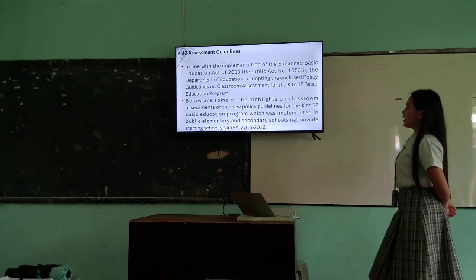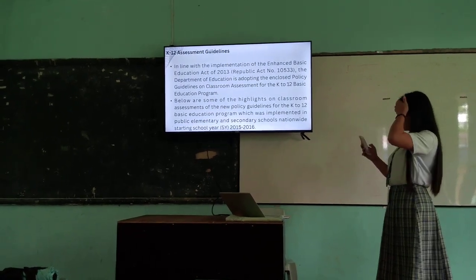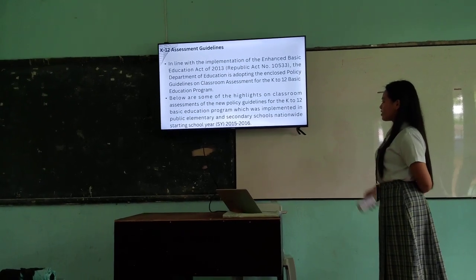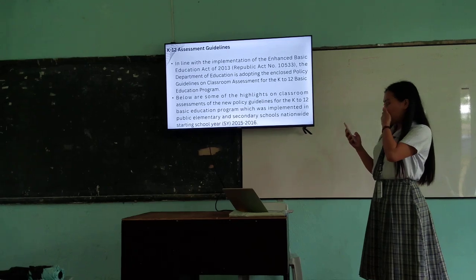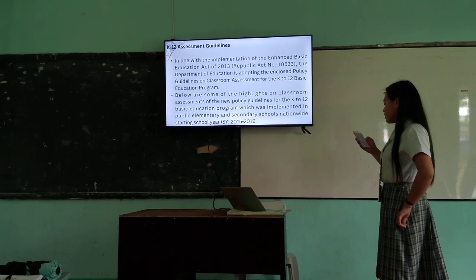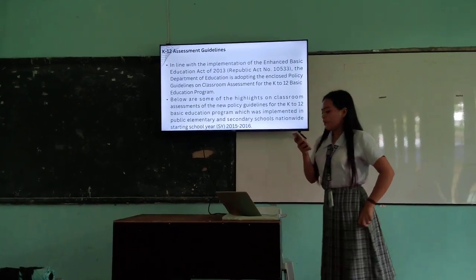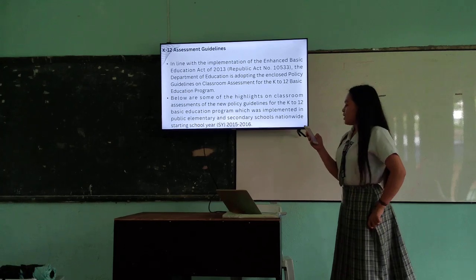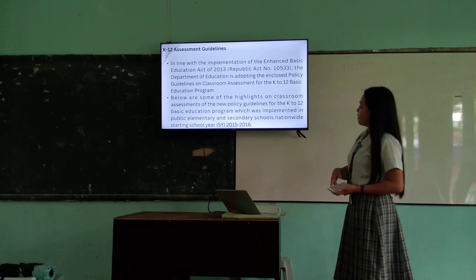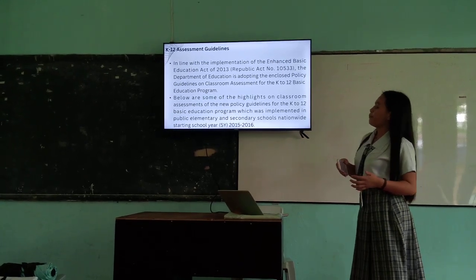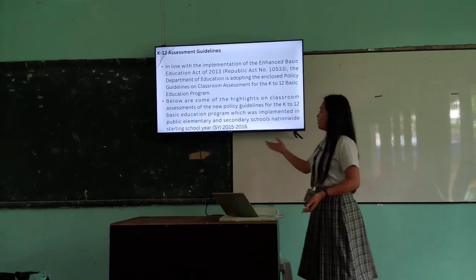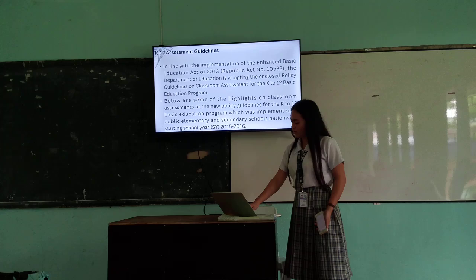Below are some of the highlights of the classroom assessment of the new policy guidelines for K-12 basic education program, which was implemented in public elementary and secondary schools nationwide starting school year 2015-2016. So the K-12 is providing a framework in evaluating the basic learning of the students implemented in the public elementary and secondary schools starting on 2015 to 2016.